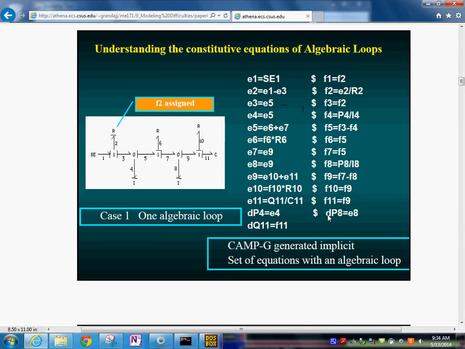Let's understand the constitutive equations of algebraic loops. In this case, if we assign it like this, and you produce using CAMG, you will get these equations. The problem is that if you substitute these equations into these derivatives like that, you will not get explicit form.